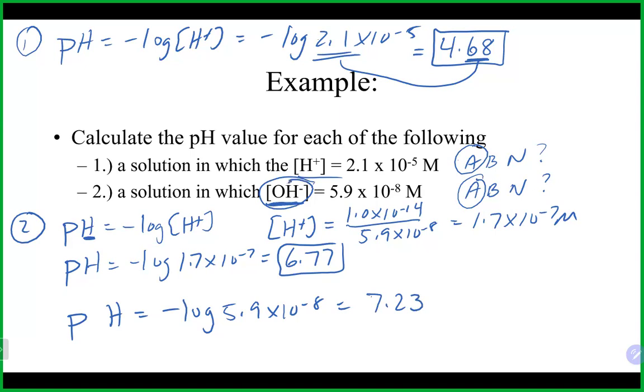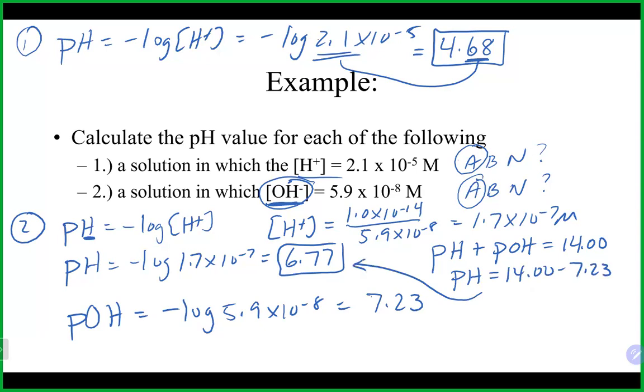That is the OH minus, so this is what is known as the pOH, which is not necessarily a bad thing to calculate because, as we will see, if you take the pH plus the pOH, it equals 14. That means that if you wanted the pH at this point, you could take 14 minus your 7.23, and you will get to your pH. So not necessarily a bad thing, but remember that it is not the pH that you would have calculated. And once again, it tells you what you need: for pOH, you need the OH minus concentration. Any questions on that there?